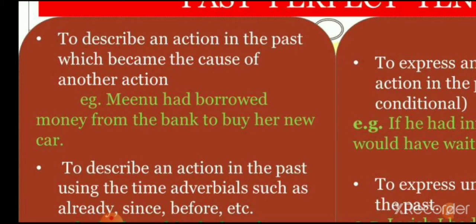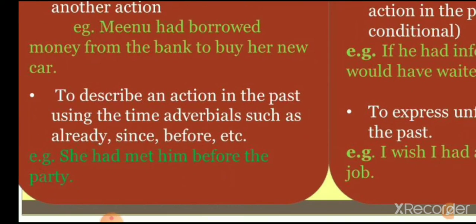So, just because she borrowed money from the bank, she could buy a new car. To describe an action in the past using the time adverbials such as already, since, before, etc. She had met him before the party.